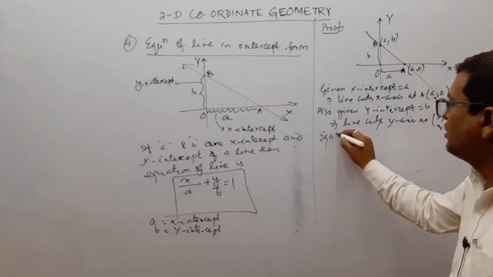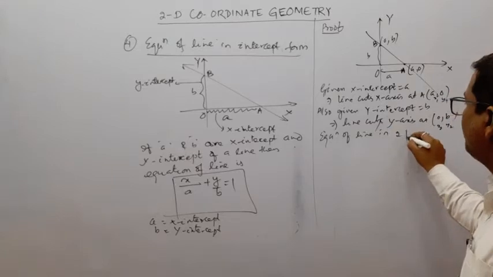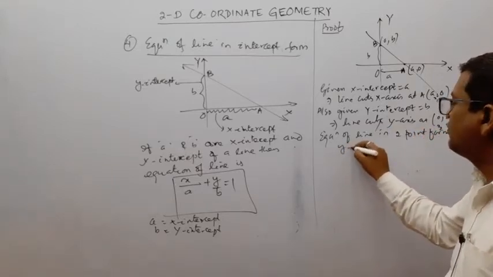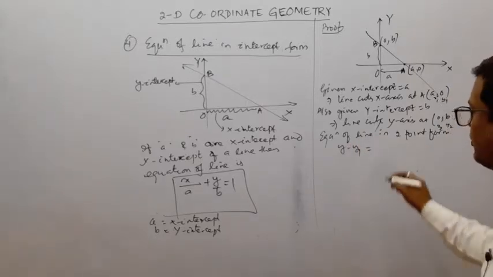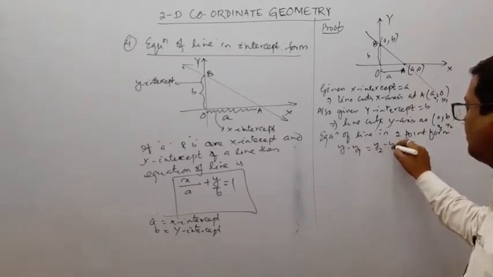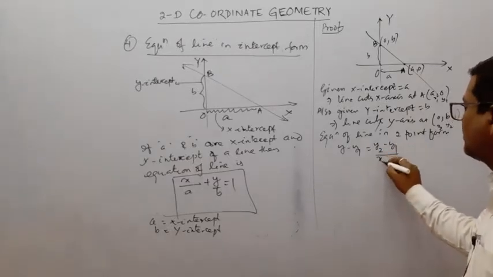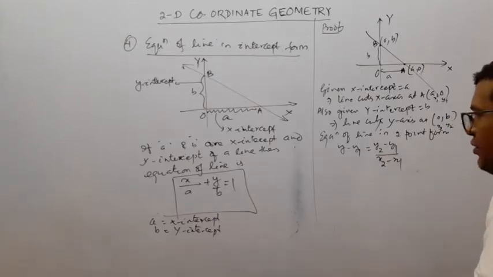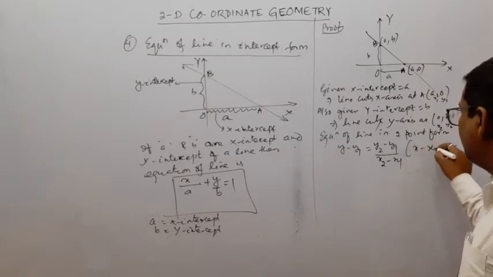Now the equation of the line in two-point form is y minus y1 is equal to (y2 minus y1) divided by (x2 minus x1) into (x minus x1).